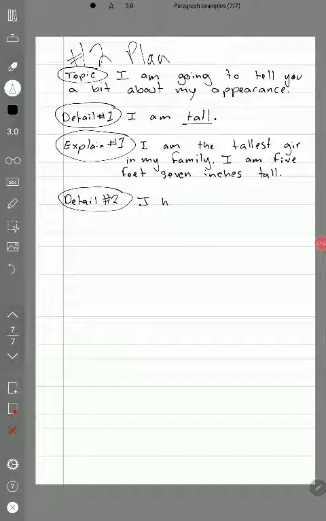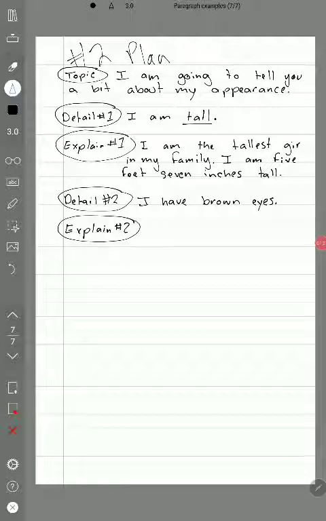I have brown eyes. And my explanation was really simple on that one. Just to give them a little more idea about what color brown, because there's lots of shades of brown. Some of them are light, like chestnuts. Some of them are brown like mud. I like to say that my eyes are brown like chocolate.